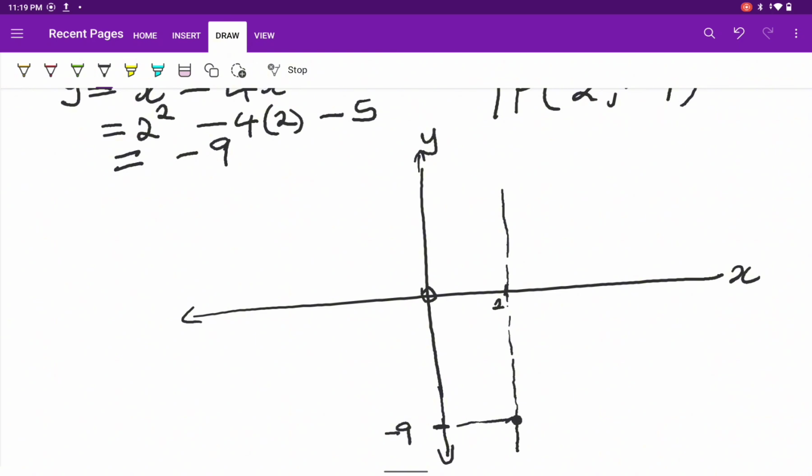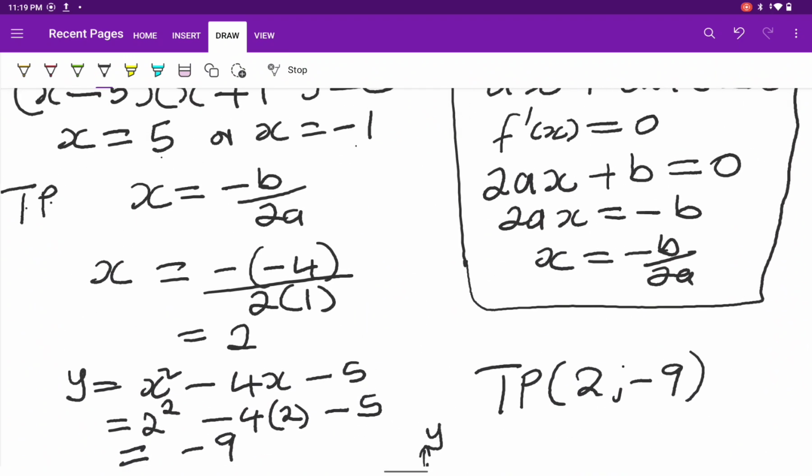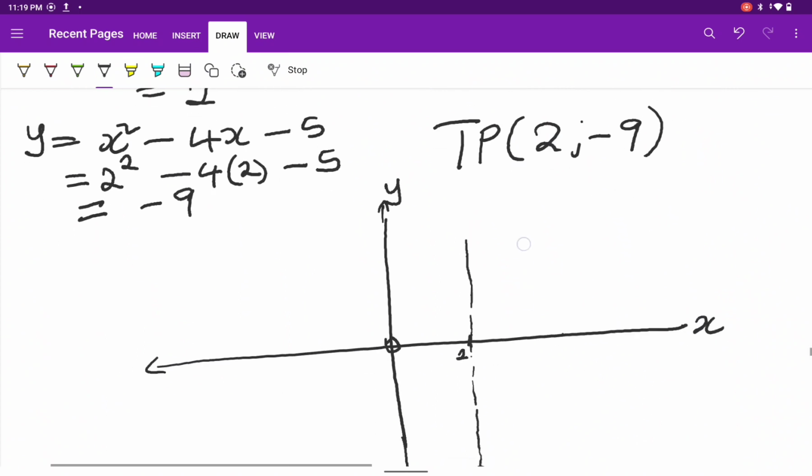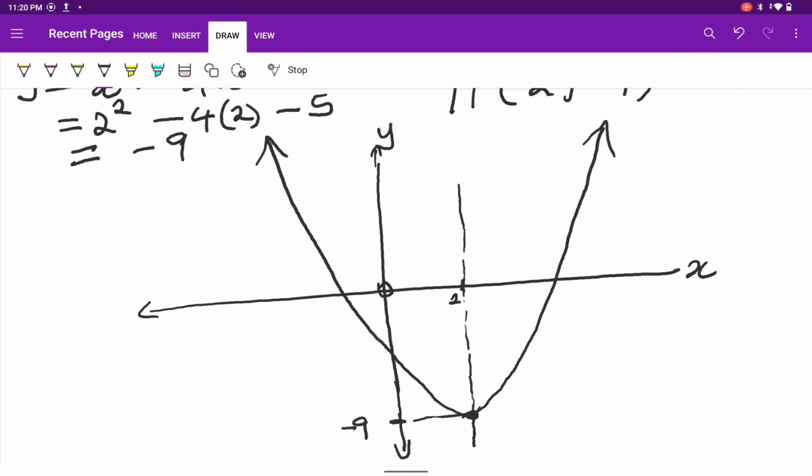So our graph cuts the x-axis at negative 1 and another at 5. We said the x-intercepts are 5 and negative 1, so we will have something like this, and we said our graph is turning here, so we will have something like that, right?